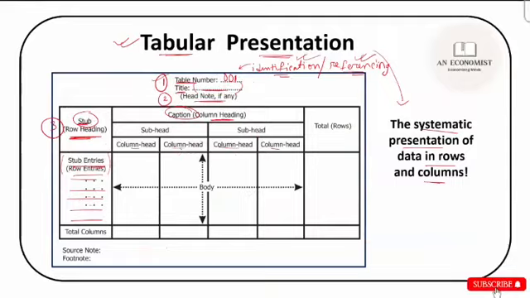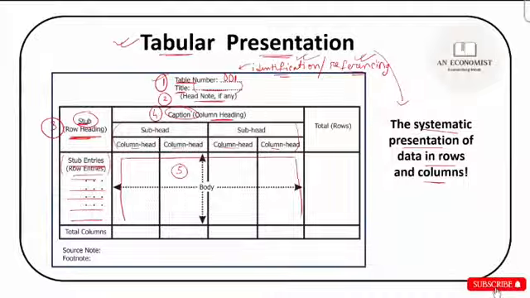Also you can write the number of columns that you are mentioning here. So these are certain information that is written in this top part of the table. So this is the fourth component. Now the fifth component is the most important one, which is the body of the table.